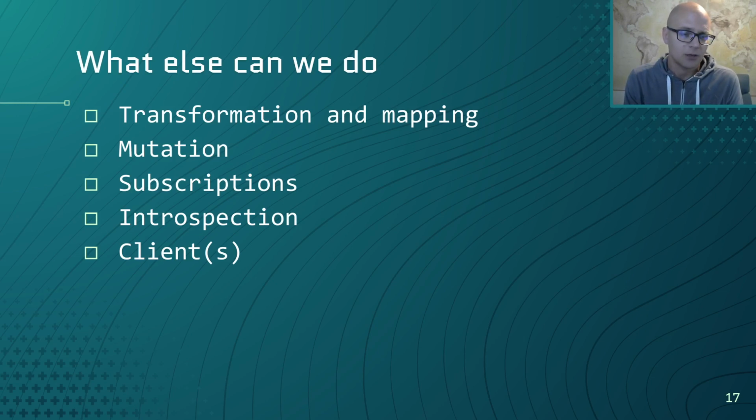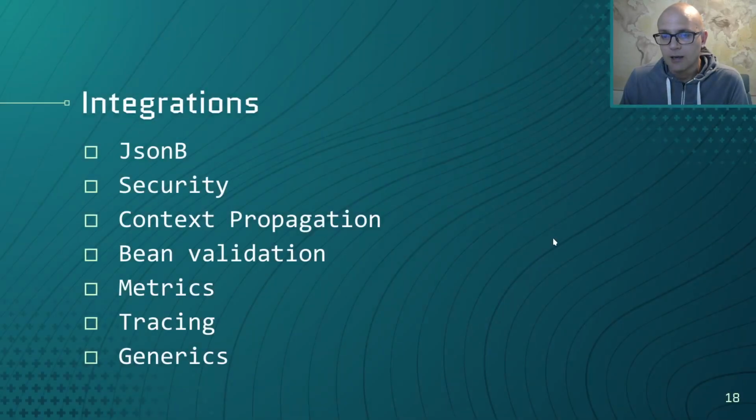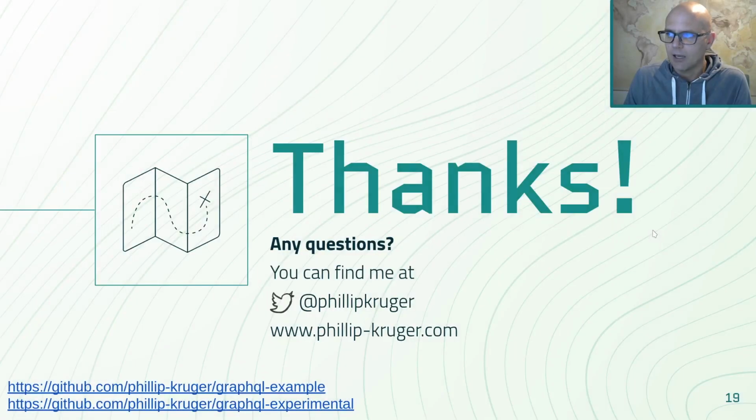And the type-safe one is very similar to the REST client, the MicroProfile REST client. We have integration into JSON-B, into security, into context propagation, into bean validation, into metrics and tracing and generics. So it works well with all other related specs. And that's it. I think it's now time for questions.